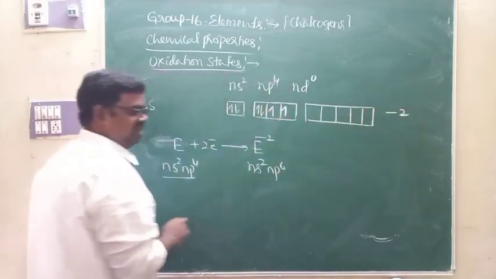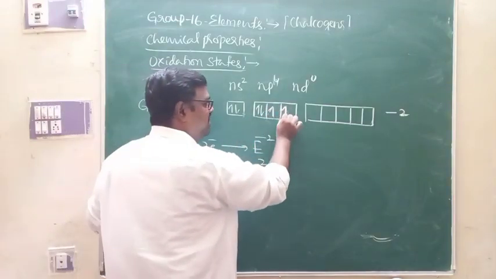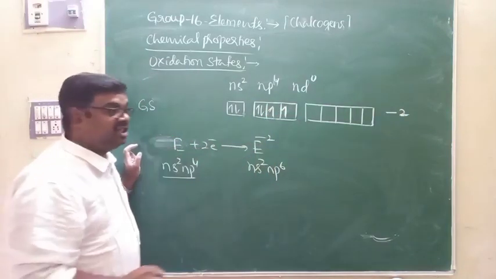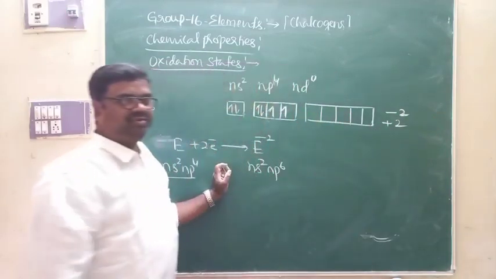That is one possible oxidation state. Another possible oxidation state: these 2 unpaired electrons can be shared with other species, thereby it can attain an oxidation state of +2.